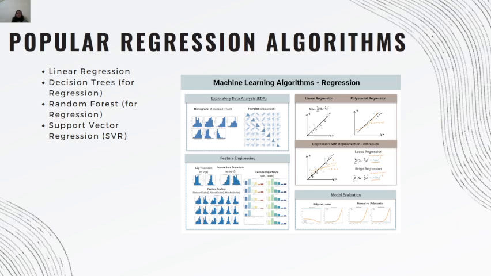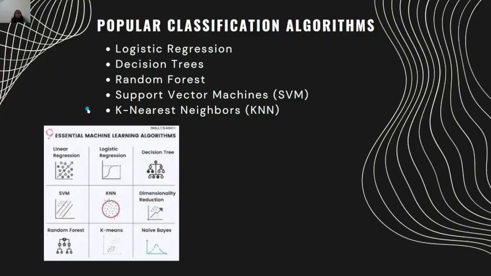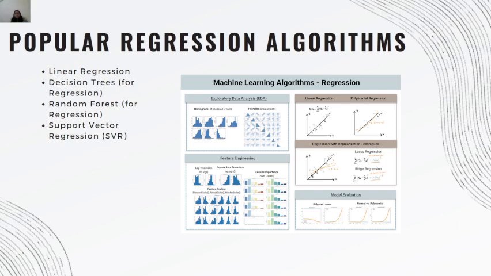Next we have popular regression algorithms: linear regression, decision tree, random forest, and SVR. We have looked into some popular classification algorithms. Now we are looking into some popular regression algorithms. Linear regression is a simple algorithm that assumes a linear relationship between independent and dependent variables.